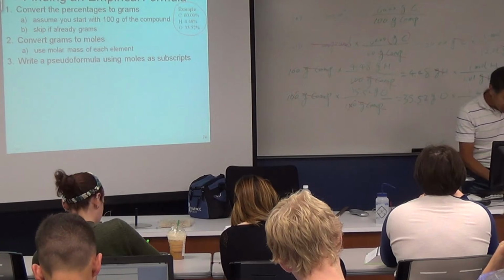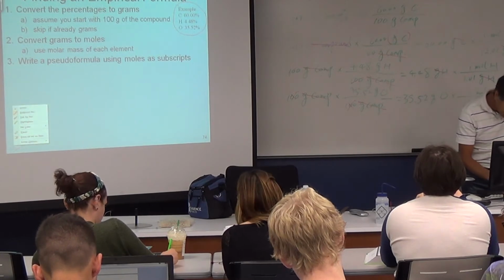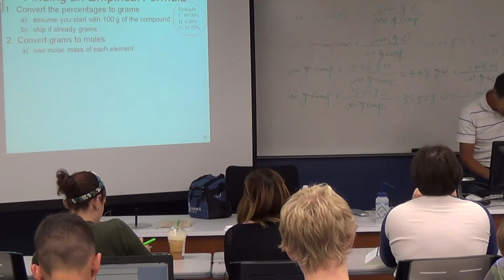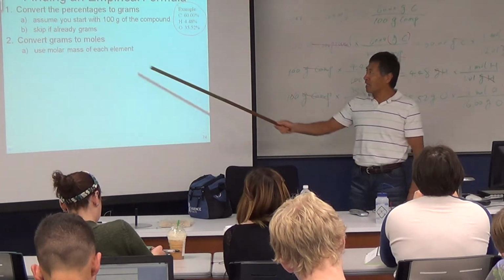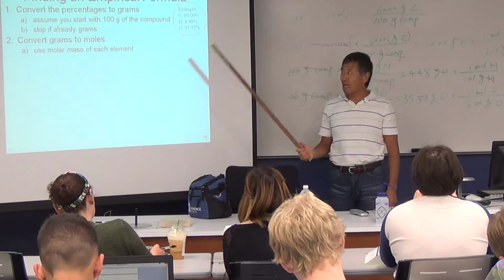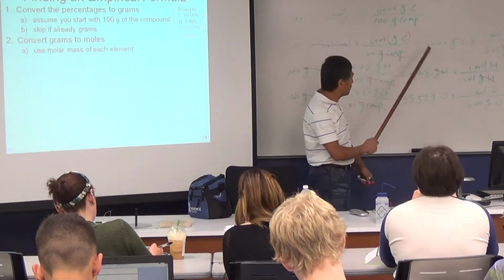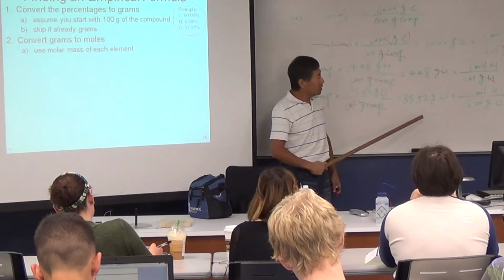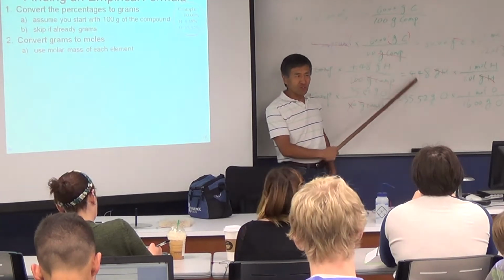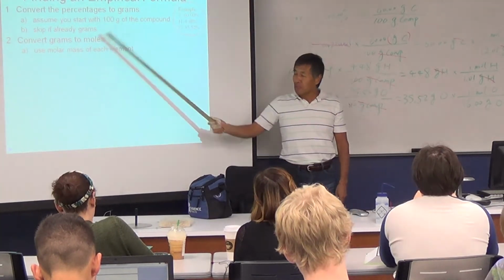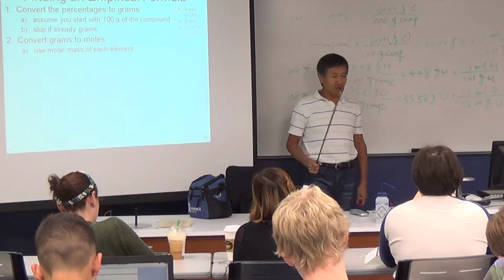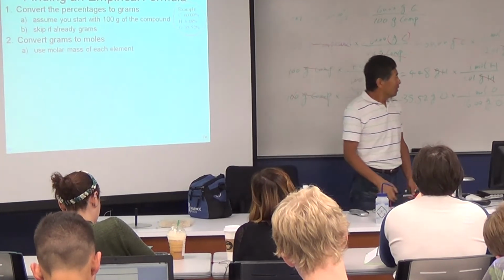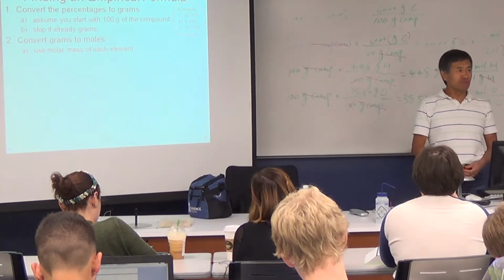So I did 2 steps: I converted the percentages into grams for each element, then I divided by the molar mass and got the mole of each element. Okay? Any questions about these 2 steps?